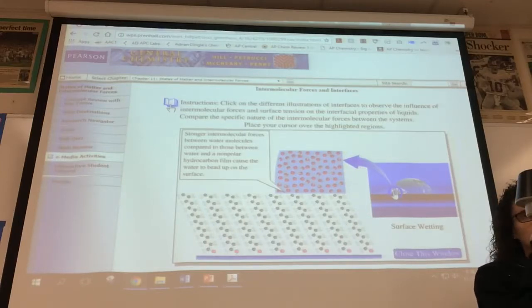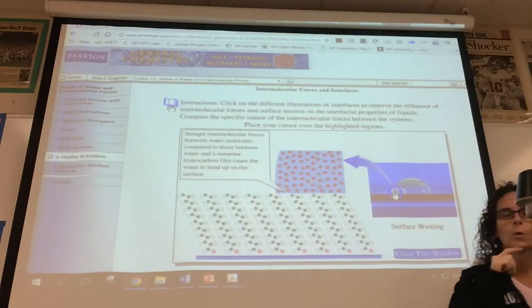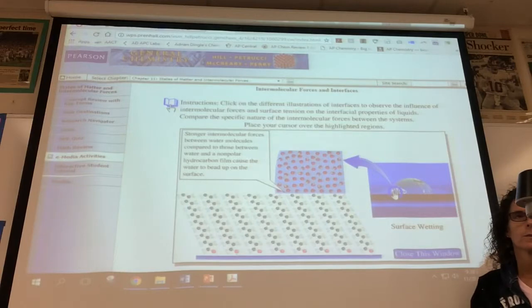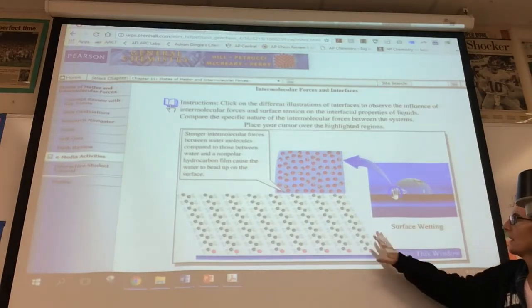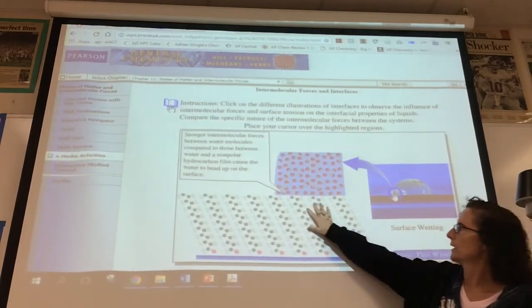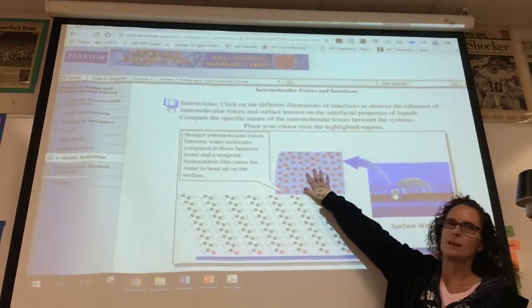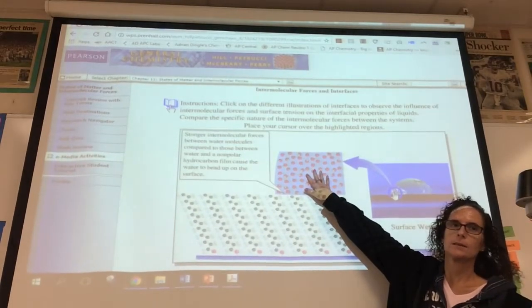So when you put it on a table like that, it just kind of balls up because it has stronger IMFs than the table. What you're seeing here is LDF only. This is LDF, dipole-dipole and hydrogen bonds.